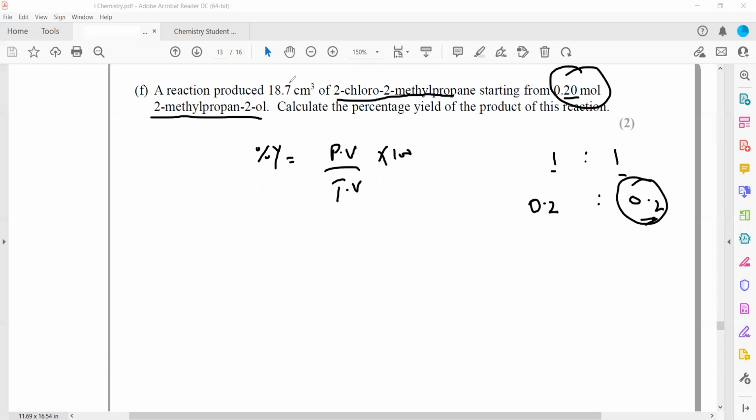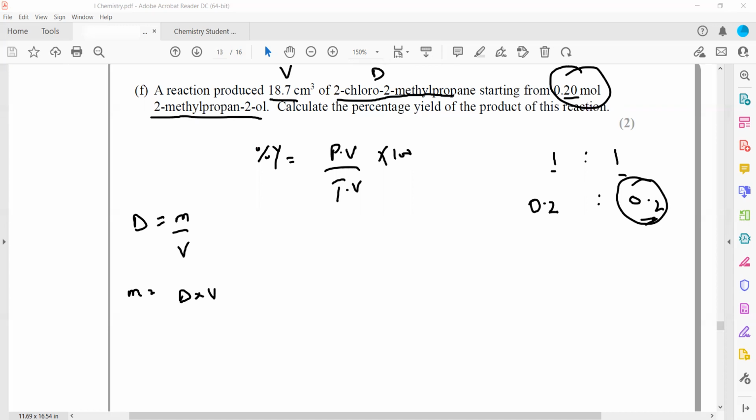But practically how many moles are we getting? This is a volume, and we have the density, which is also given in the beginning of the question. So using the volume and density, we'll find the mass. Density is mass divided by volume, so mass is density times volume.